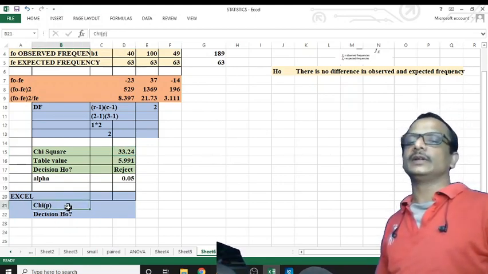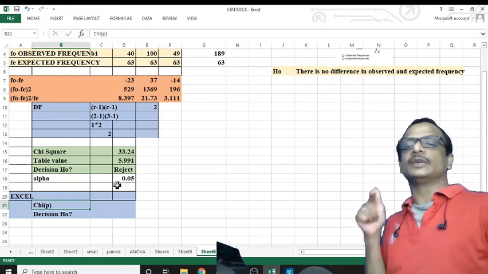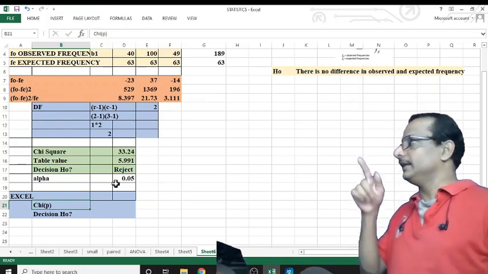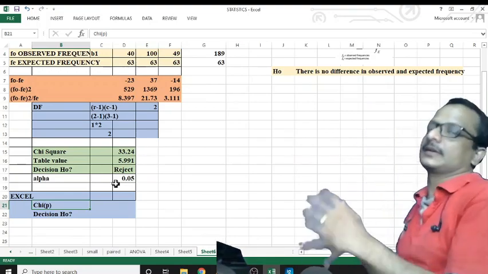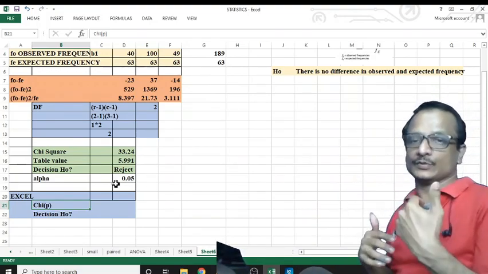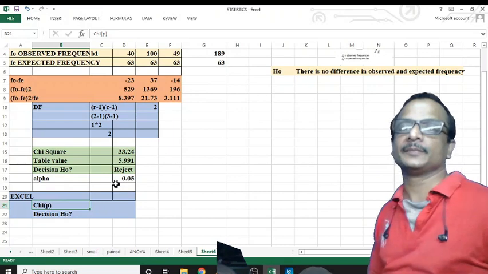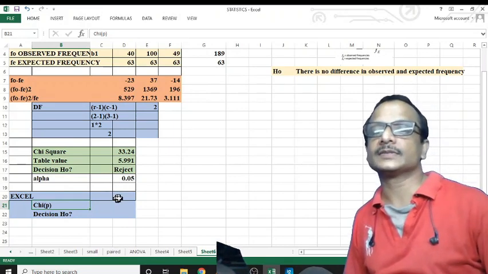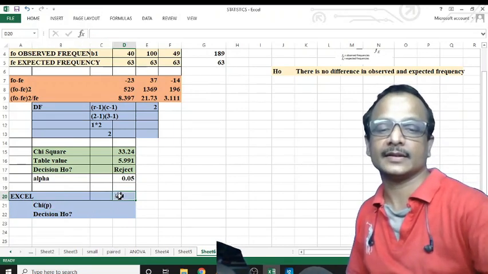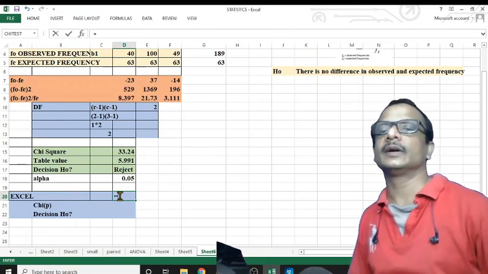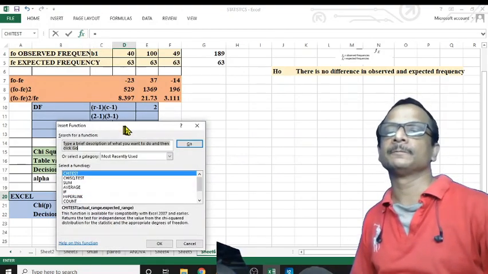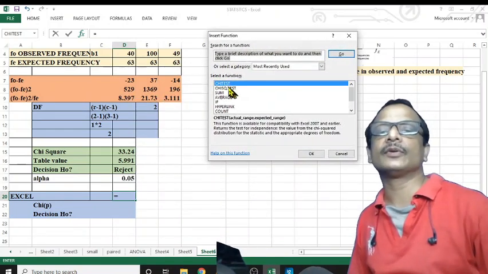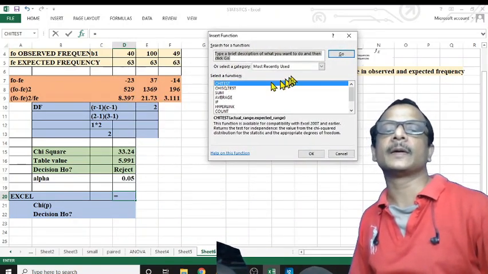We can calculate the chi-square using the formula in Excel. Excel itself calculates and gives the value to us. For that purpose, just click any cell, click on equal to, and click on fx, insert a function in which we can search for CHI test.